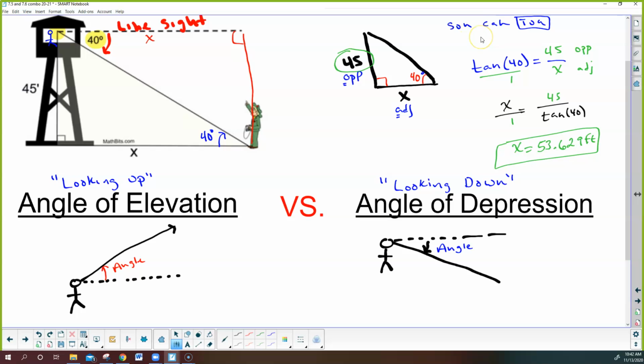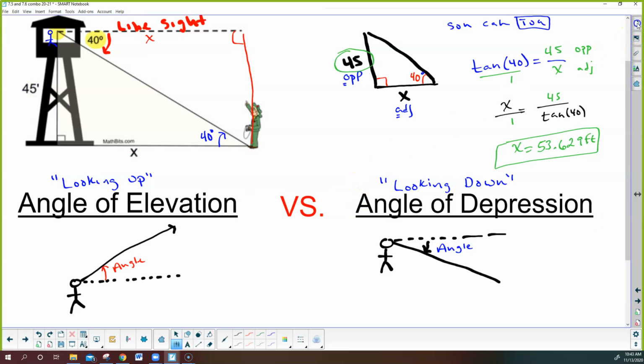Soh Cah Toa allows us to find any side length for any right triangle and any angle measure here. So this is like your go-to. It works every time that you have a right triangle, an acute angle, and a side.